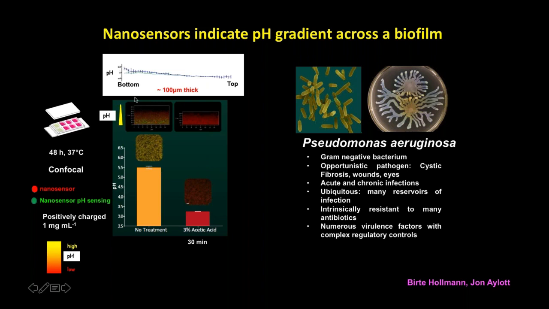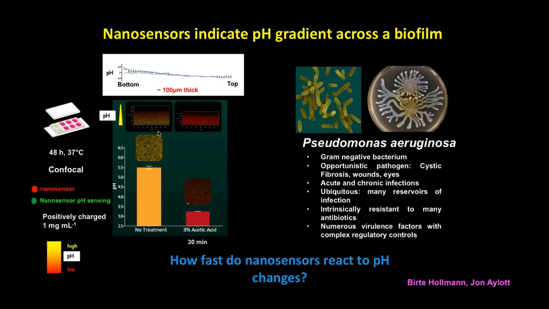And we were able to calibrate the pH from the colors that we could see with the two dyes, looking at the ratio of the two dyes, and see that it ranged from almost 6 to about 3 across this 100 micrometers, which gave us what is hopefully going to be a very powerful tool to look at the microenvironments of the biofilm.